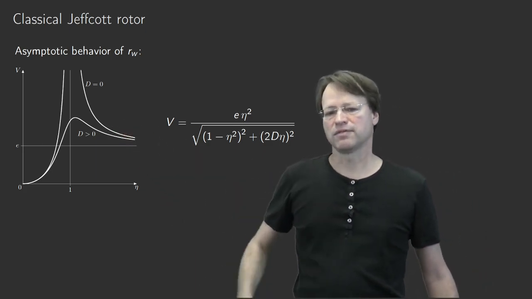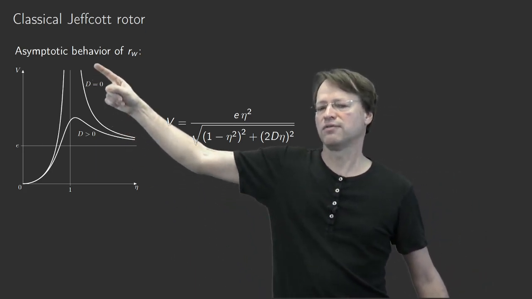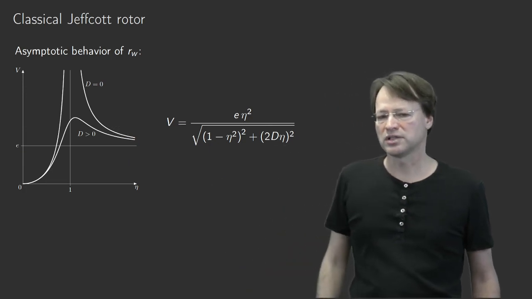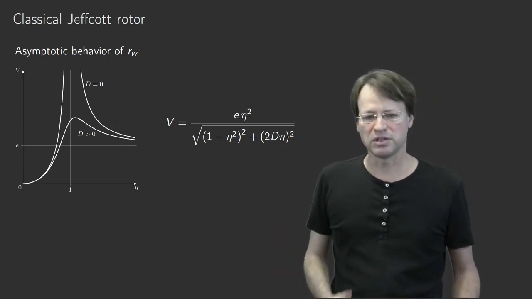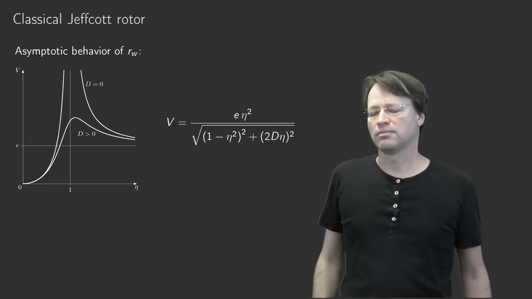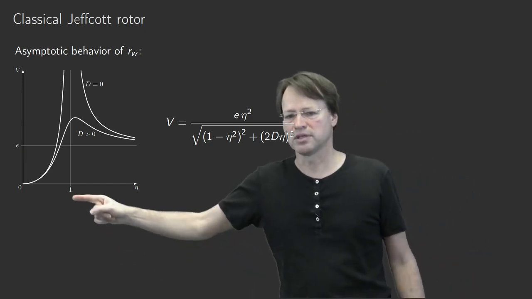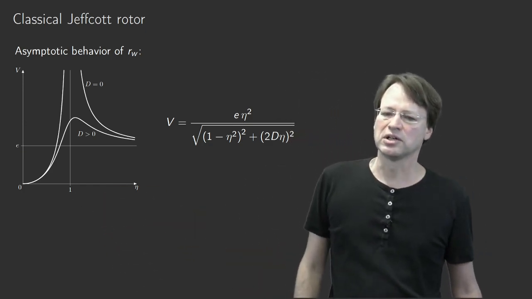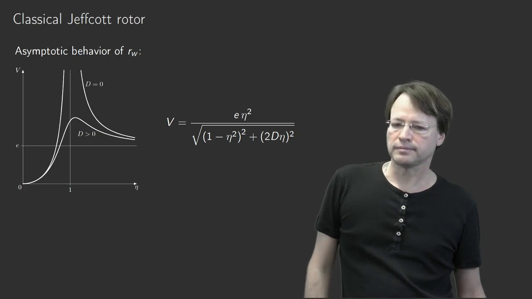Independent of the damping, if the damping is very, very small, you find a very pronounced resonance here, so therefore critical speed. So keep away with your rotational speed from this regime, from values of eta close to 1.